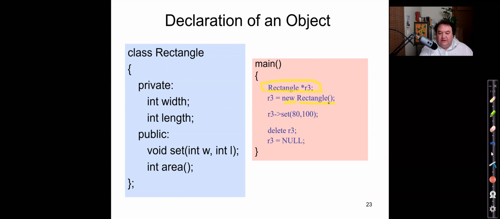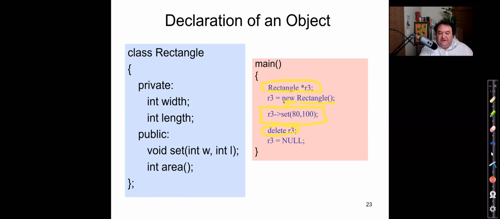You look at the parentheses. So this creates an instance and returns the pointer, so that could be assigned to R3. At that point, through the pointer, we can call the set function. And what's important is that after we finish using it, we delete the instance of the class.